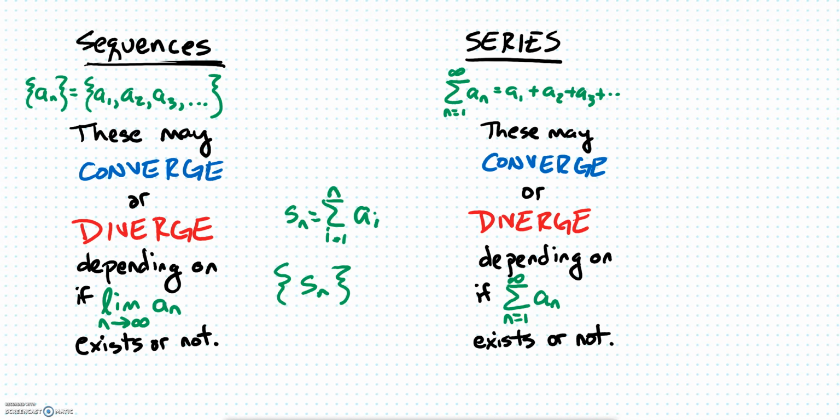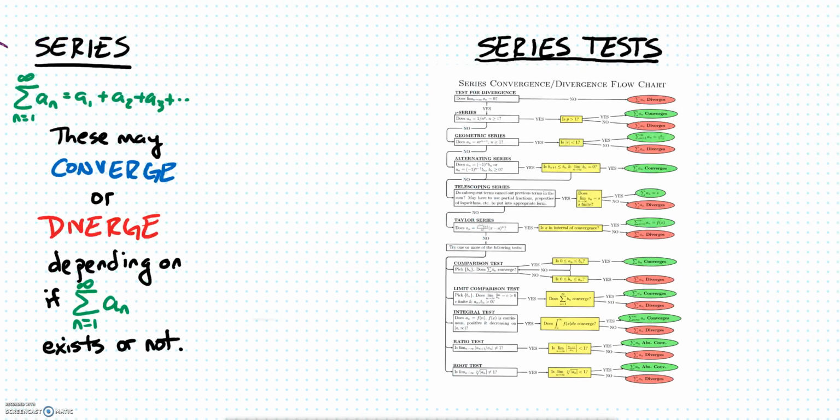And this is a way to actually wrap both sequences and series into the same concept. We were able to determine when this infinite sum would actually converge or diverge by looking at a sequence. But this typically tended to be difficult. To actually find a pattern for S sub n wasn't always the easiest thing to do. And so we changed gears again, and we looked at series tests.